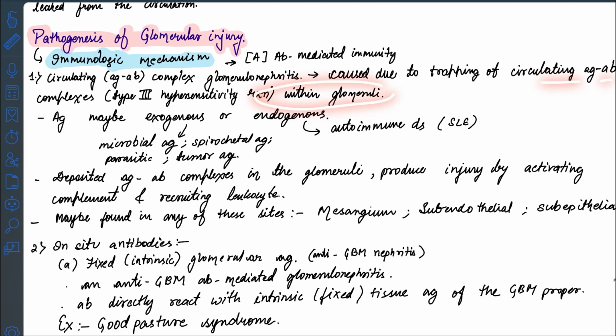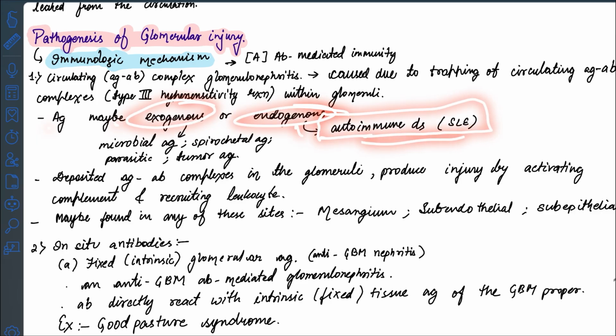Due to type 3 hypersensitivity reaction they can accumulate within the glomeruli, and this antigen may be exogenous or endogenous. Endogenous can be due to any autoimmune disorder like SLE, and exogenous can be seen in microbial antigen, spirochetal, parasite, tumor antigen. These antigens form complex with antibody and they can accumulate in the glomeruli, leading to this immunologic mechanism.